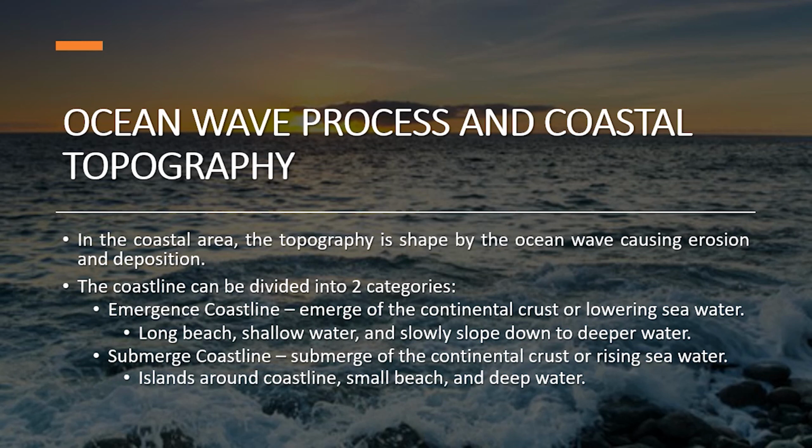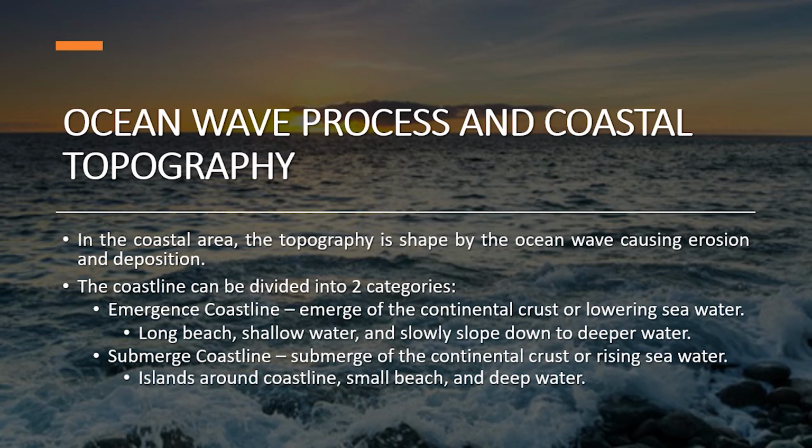It happens to increase in size, not decrease. That is either done by the emergence of the continental crust, where the continental crust lifts up, or the seawater in the area was lowering, causing the land to emerge from the water. So this is the emergence coastline.